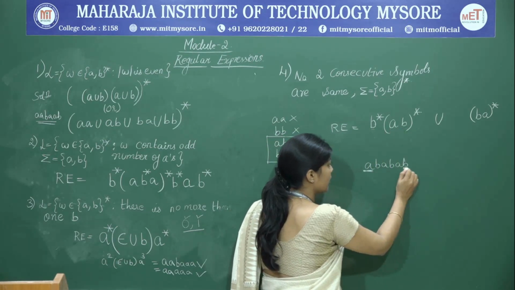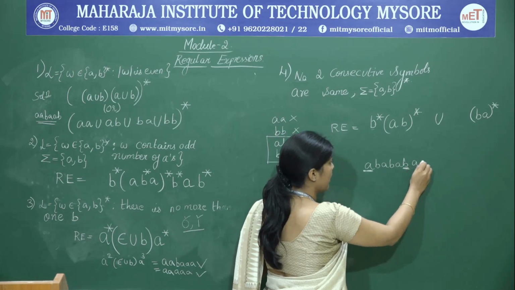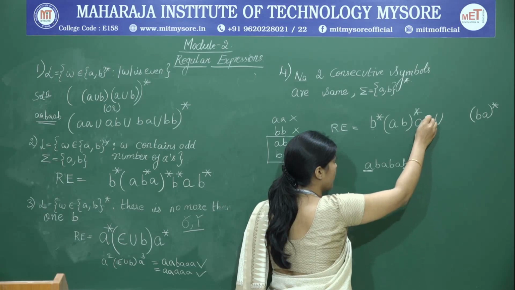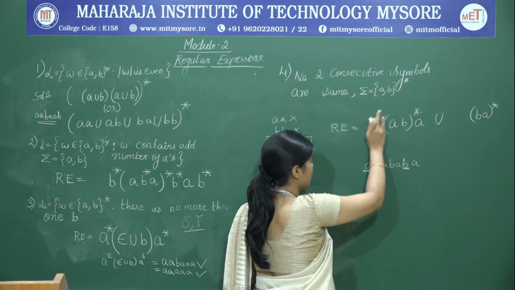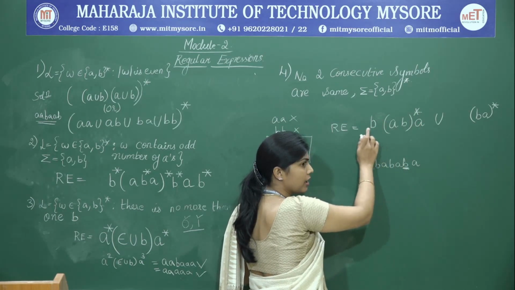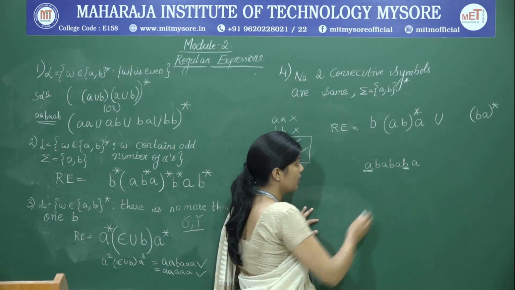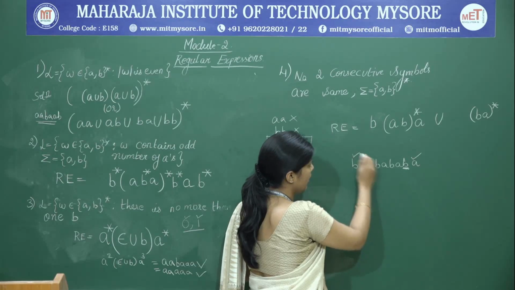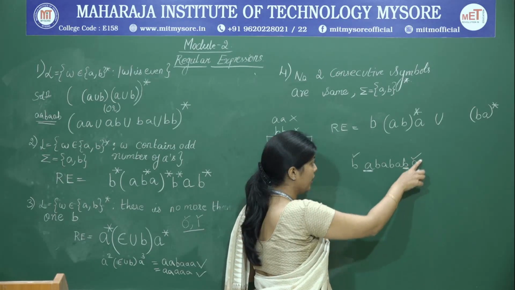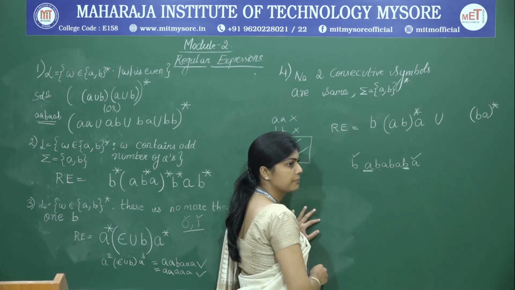It is also not necessary that it always ends with a B, so I may have an A after this. We can't have any number of B's, because this would give us a continuous BB. So we just write A here, because it is quite possible that we start with a B and end with an A, and in between we need the repetitions of A's and B's.